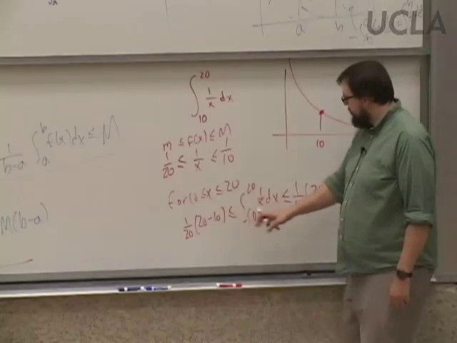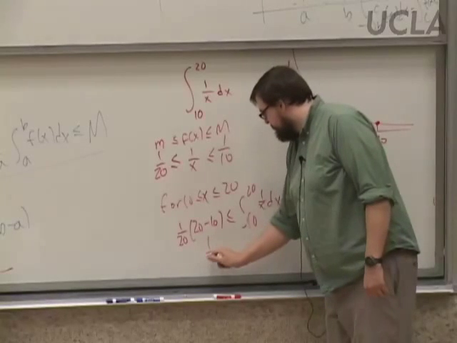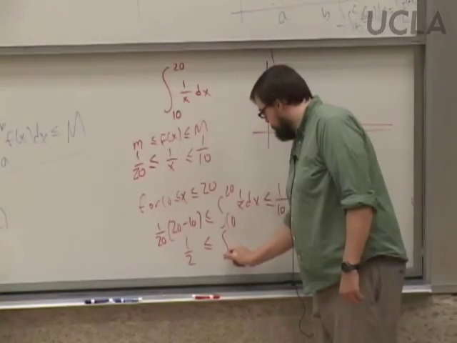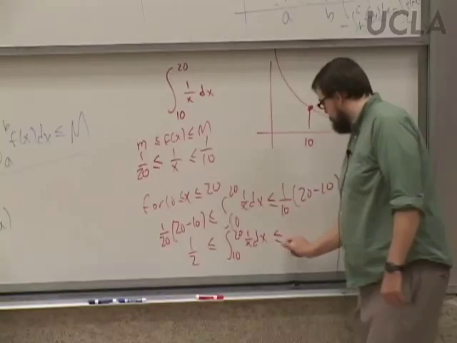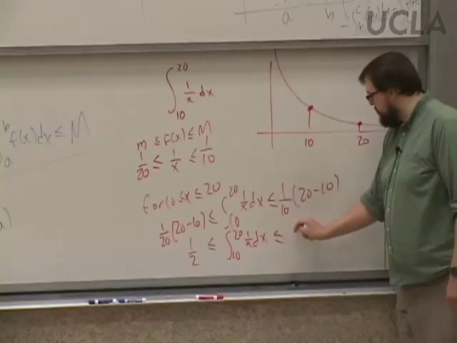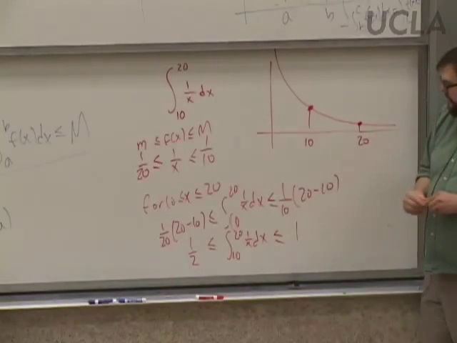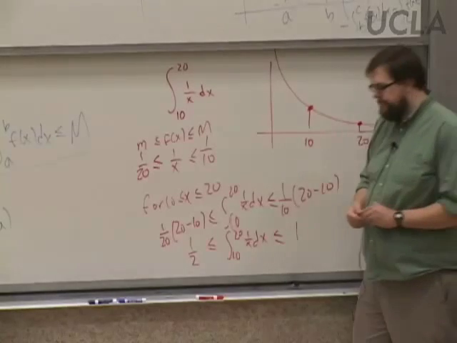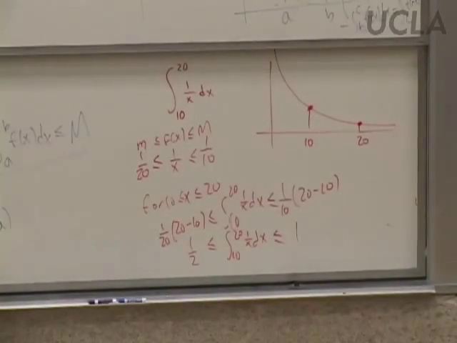And we can clean this up. 20 minus 10 is 10 times 1 over 20, so this is a half. It is less than or equal to the integral from 10 to 20 of 1 over x dx, which is less than or equal to, and then again, 10 times a tenth is 1. So whatever this value is, the integral from 10 to 20 of 1 over x dx, it's somewhere between a half and 1. And next quarter, you'll learn the exact value for that.